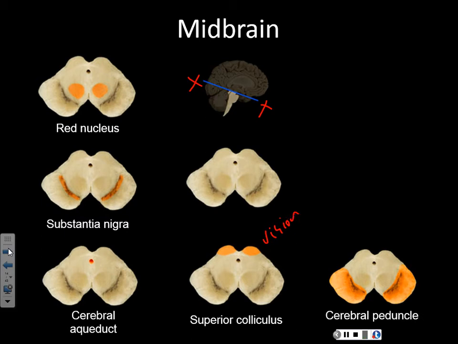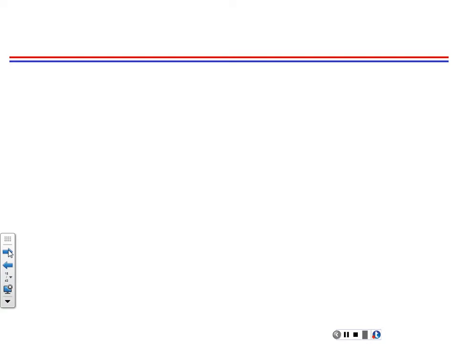Okay, you can see those two little hills there, and then the inferior colliculus, you can't see it because it's kind of under, so the cross section doesn't go through it. You see what I'm saying? The inferior colliculus that deals with the hearing is not on the cross section. And then, of course, these are the cerebral peduncles, those tracts that connect motor activity to the lower parts of the brain. Right? So there you go.